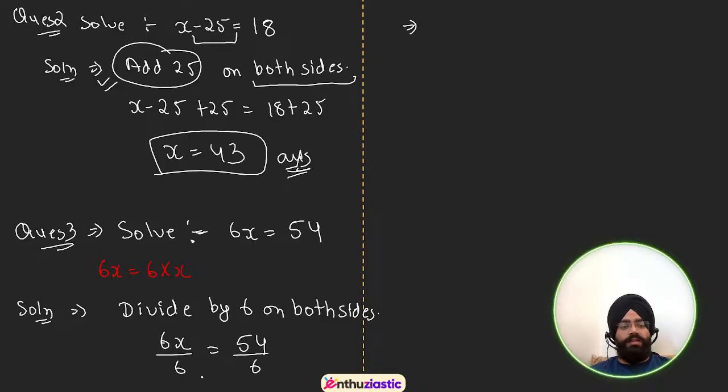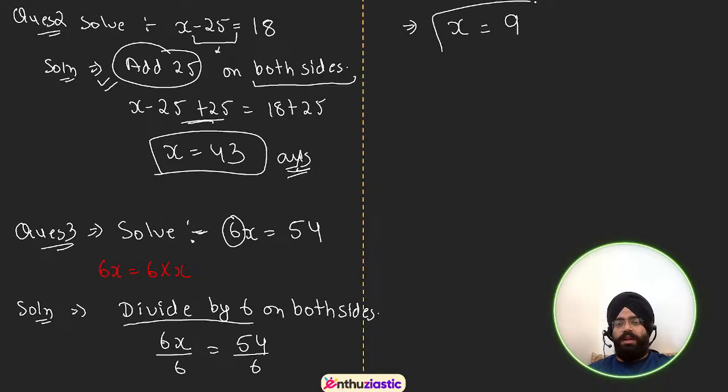So we are getting the answer as x. Whatever you are doing at this step, you are doing just to remove this number. In the next step, you don't have to do the calculation at this step. Just remove the number 6 and only write down x, because that is what you have done to make the variable alone. So x is coming out to be 9 in this case. 54 divided by 6 will be 9.